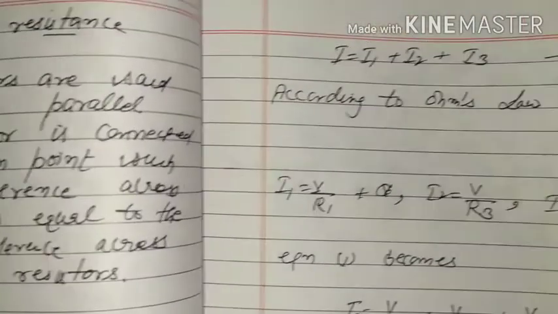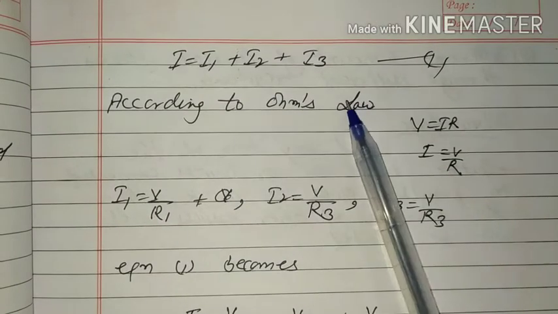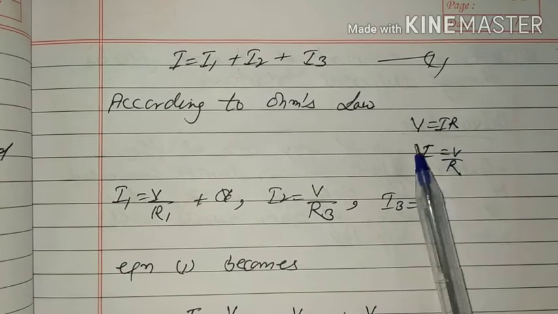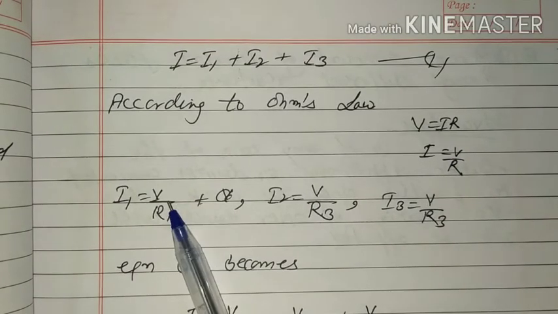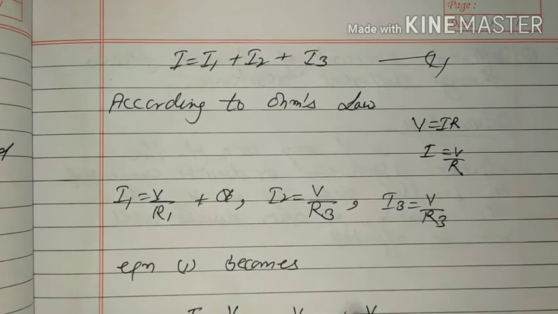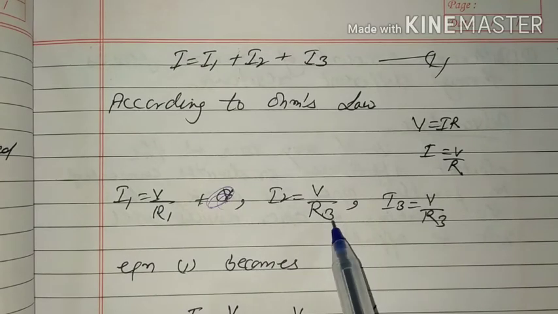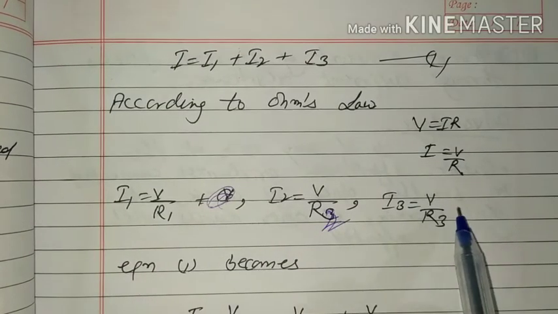Now the total current I is equal to I1 plus I2 plus I3. According to Ohm's law, V is equal to IR, and I is equal to V by R. I1 is equal to V by R1, I2 is equal to V by R2, and I3 is equal to V by R3.